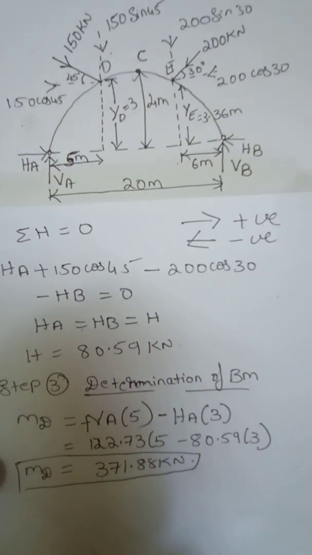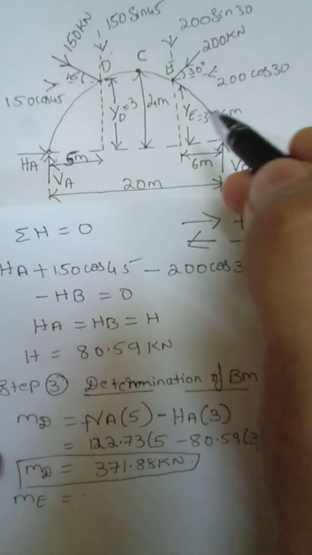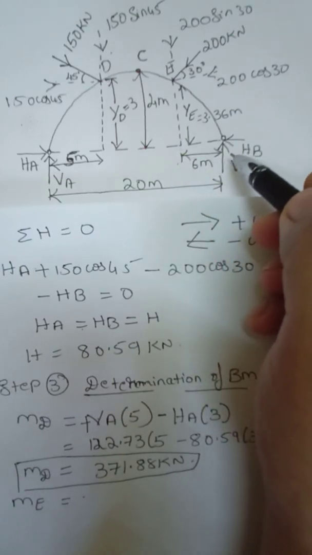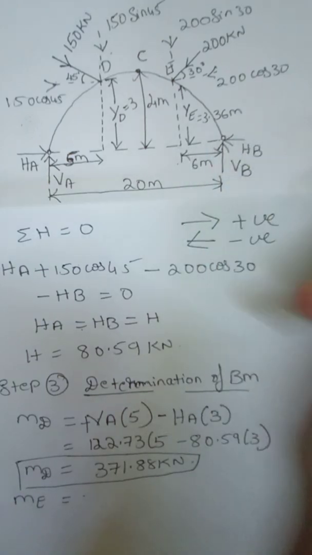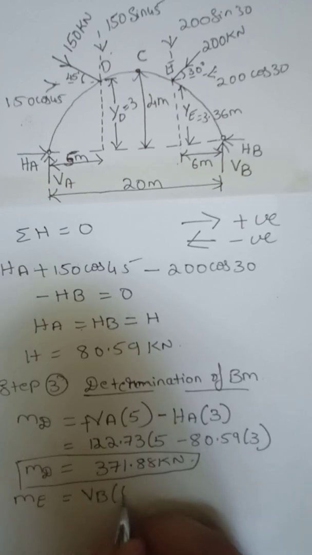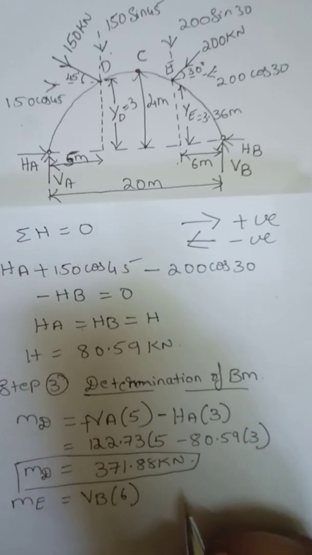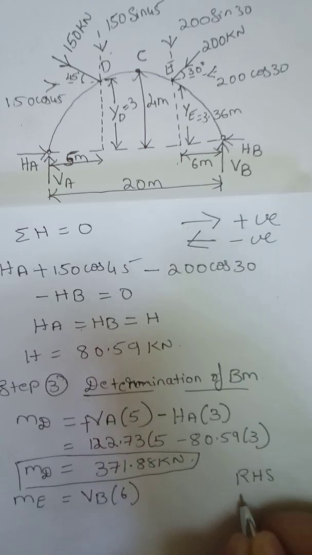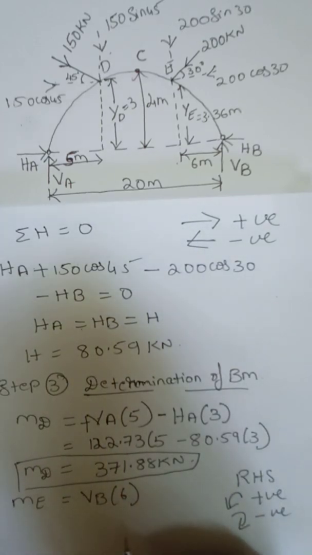After determining the bending moment at point D, the next step is determination of the bending moment at point E. Exactly at point E, the nearer support is the right hand side support. So it is equal to VB into 6, which is acting in the anti-clockwise direction. For the right hand side, anti-clockwise is considered positive and clockwise is considered negative, and vice versa as in the case of the left hand side.